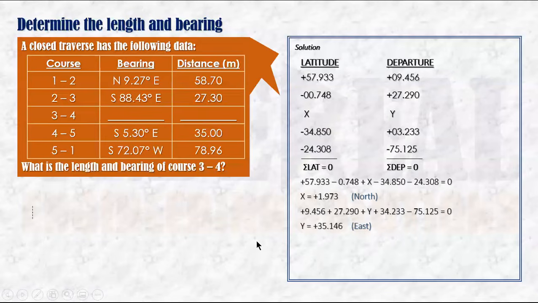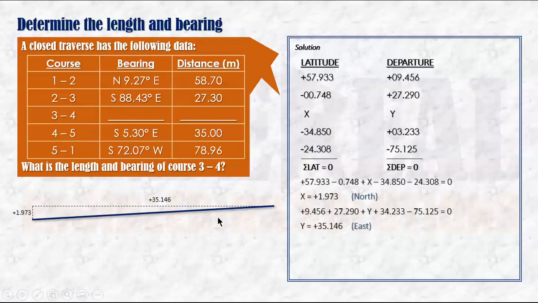So, it goes like this, no? First, let's draw the north, 1.973, and towards east, it's 35.146. That means 0.3 is here and 0.4 is here. It should be like that, no? 0.3, 0.4. Connecting them, this is the length of the course.